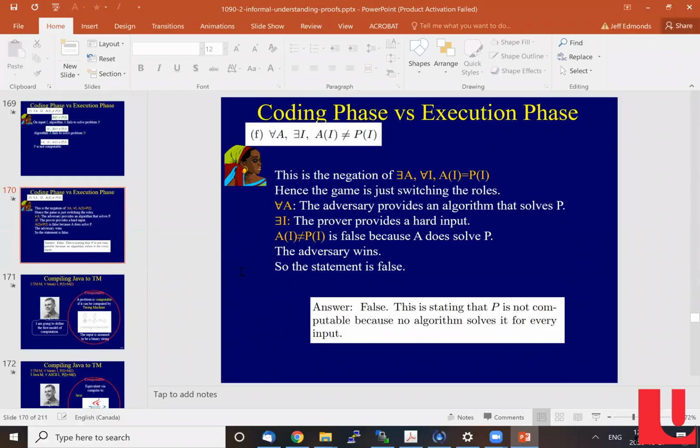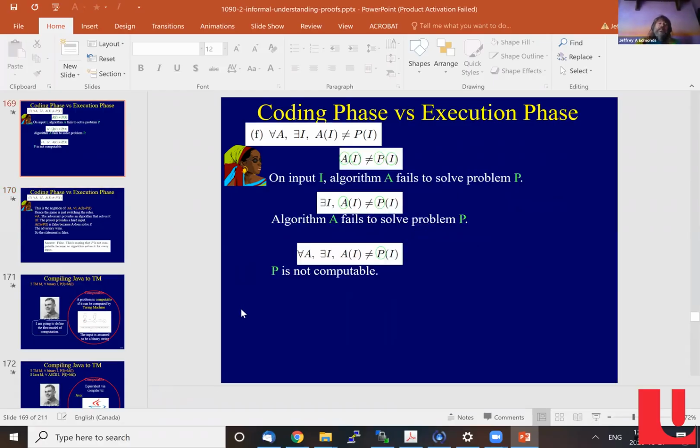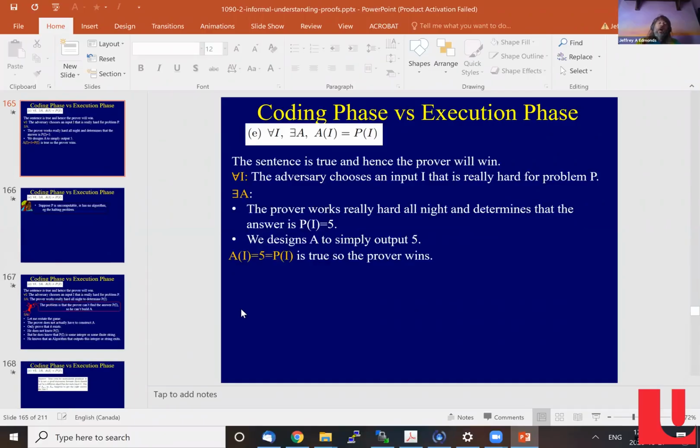So if you ask us this type of question during the test, we don't have to talk about who goes first, the adversary or the prover? We just have to state if the statement is true or false and give the reason why. Well, what I did on this test is I want step by step.